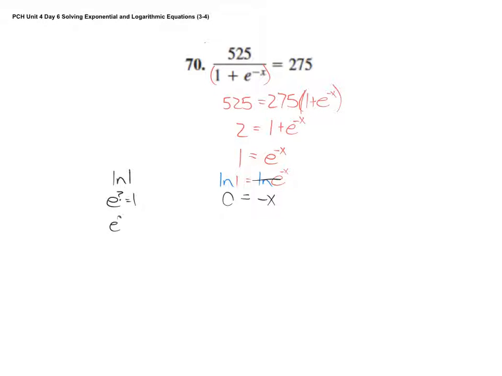That's e to the 0 power equals 1, so that's why ln of 1 is 0. In fact, the log base anything of 1 is going to be 0. So since negative x equals 0, of course x equals 0 as well. And that's the solution to our equation.